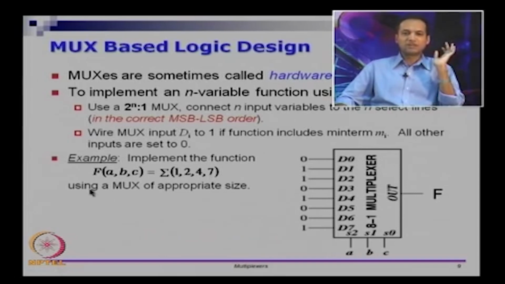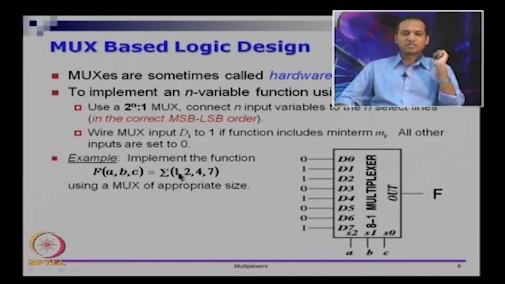So we have 3 inputs, a, b and c, and we give them as the select lines S2, S1 and S0. So a, b, c is in left to right order, and S2 is more significant than S1, which is more significant than S0.